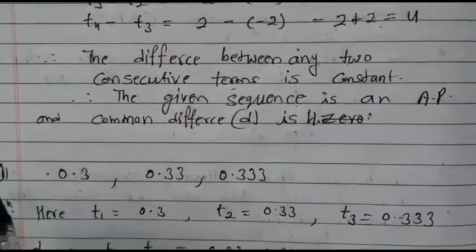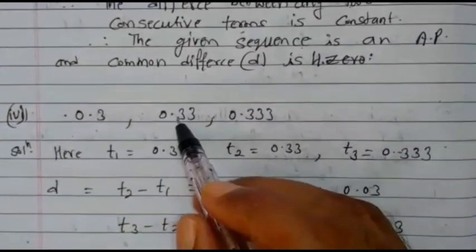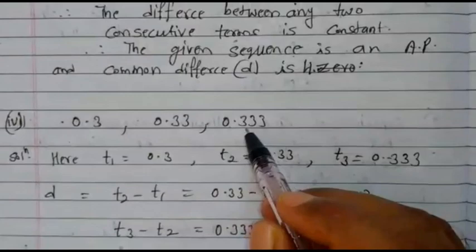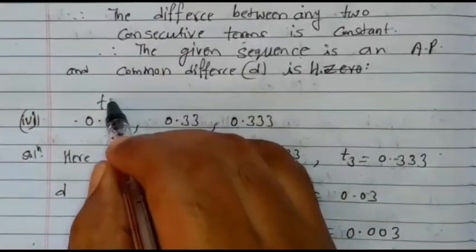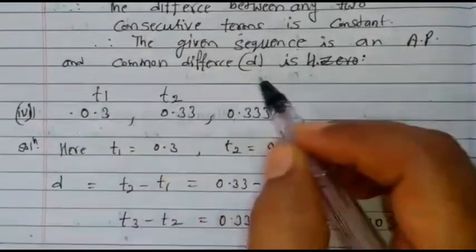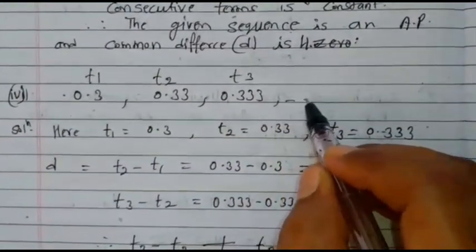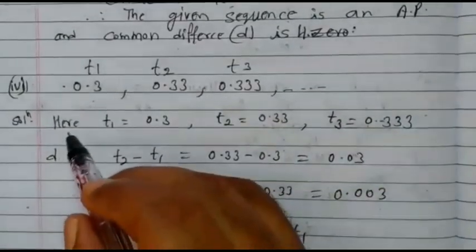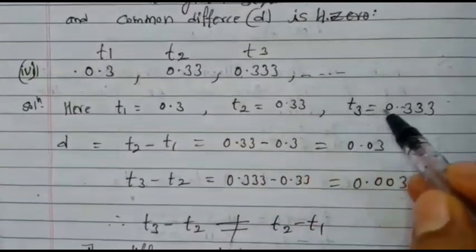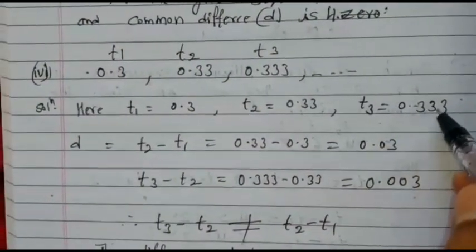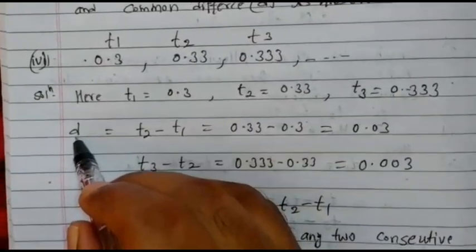Now come to the next question, the fourth one. Here it is given: 0.3, 0.33, 0.333. Write t1, t2, t3. t1 is 0.3, t2 is 0.33, t3 is 0.333. Now try to find d, the common difference.